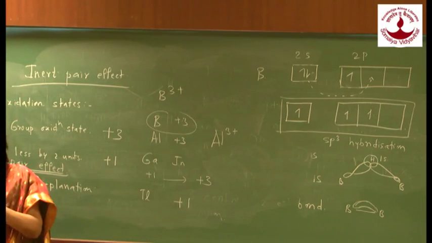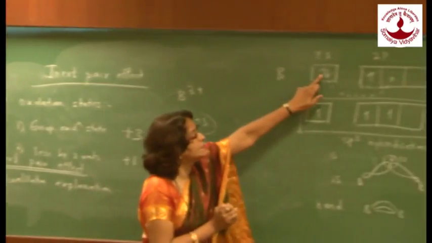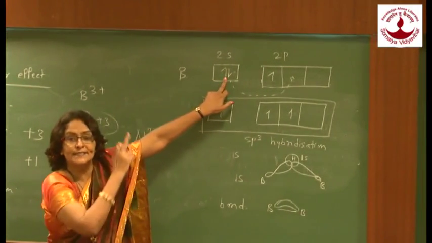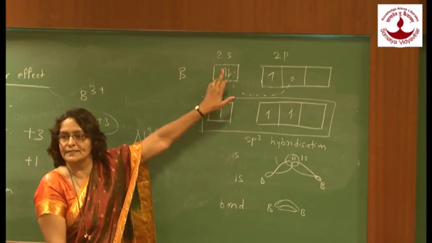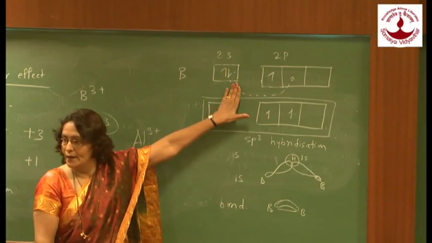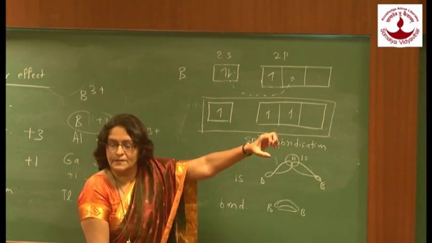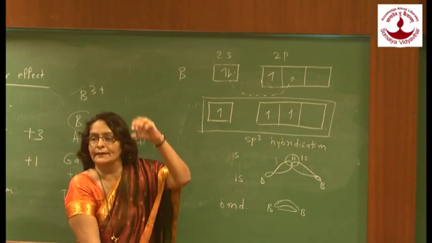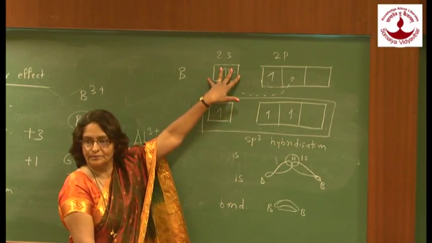Now what is happening is, this pair of electrons is getting unpaired. So a lot of energy is required for this electron to get unpaired, but as these electrons then form bonds with other atoms, some energy is released, and that compensates for this high energy.